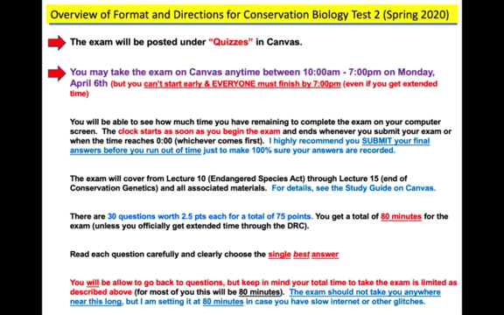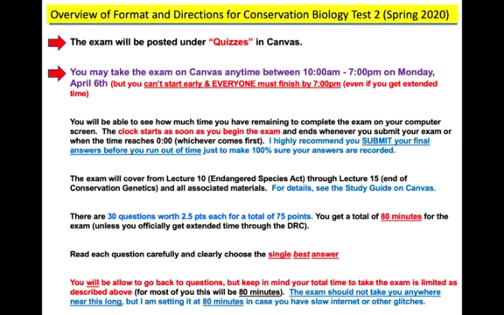So even if you get extended time through an accommodation through the DRC, you need to start the exam early enough that you'll be finished by 7 p.m. Okay, and so we'll talk a little bit about the amount of time that you'll have to take it once you start, and so on as I go through this.